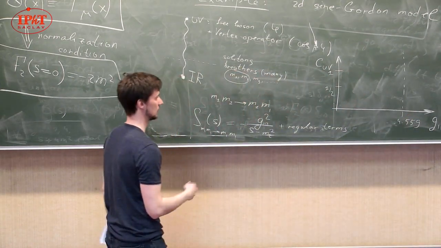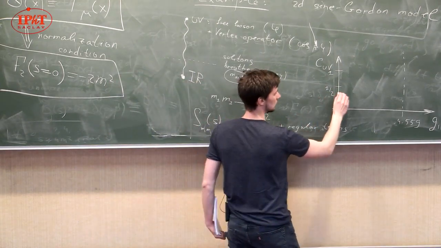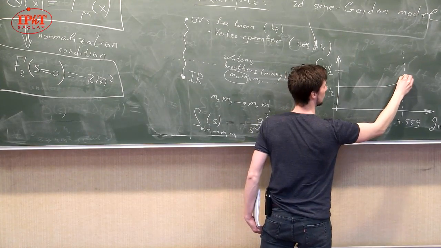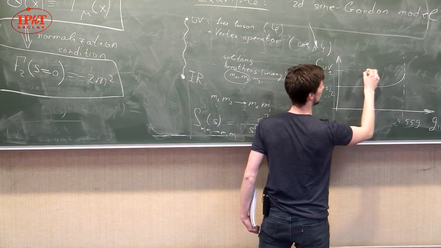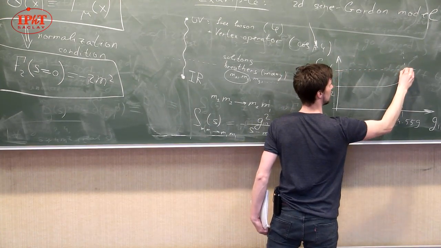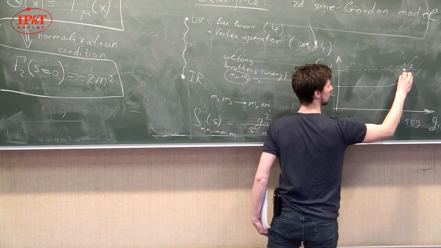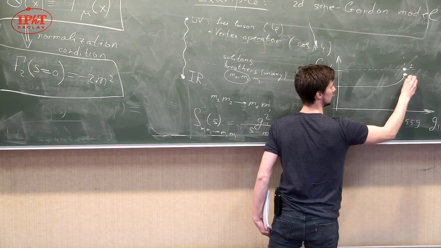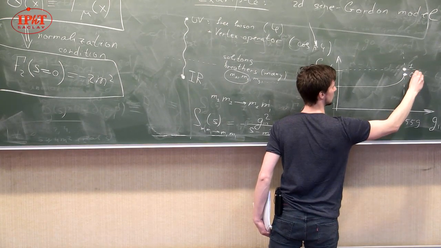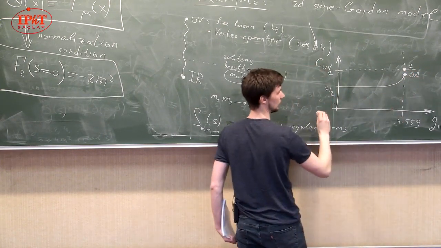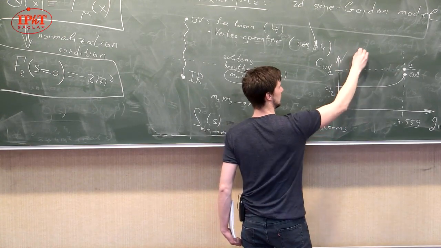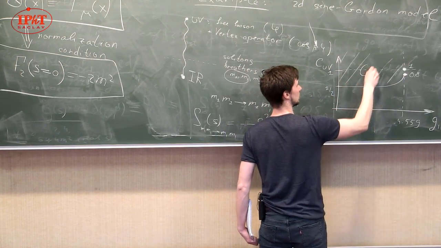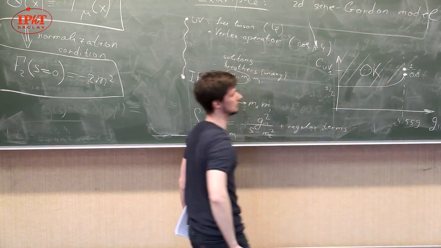So the bound we get is the following. This point is 1. We actually get to this point, which is approximately 0.8. And this is okay, so this region is allowed.